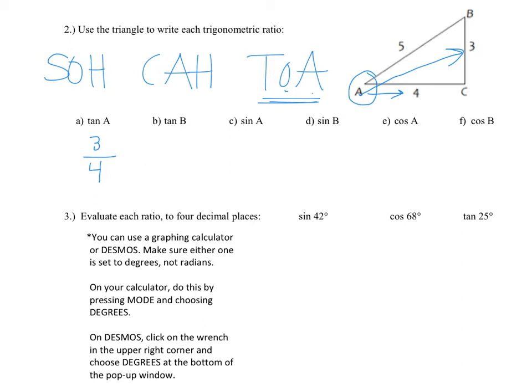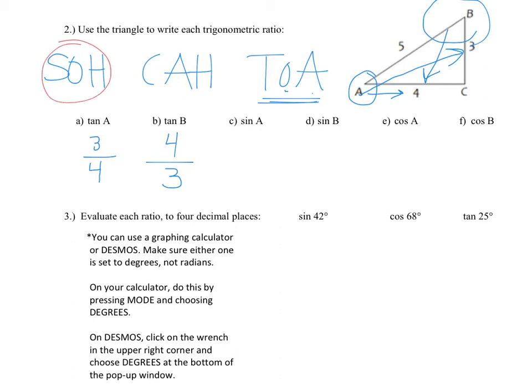Okay, so now we're going to do the tangent for B. So we want to do from B the opposite, which this time is 4, over the adjacent, which is now 3. Okay, next we're going to move on and do some sine ratios. So now we're looking at doing the opposite and hypotenuse for the sine.